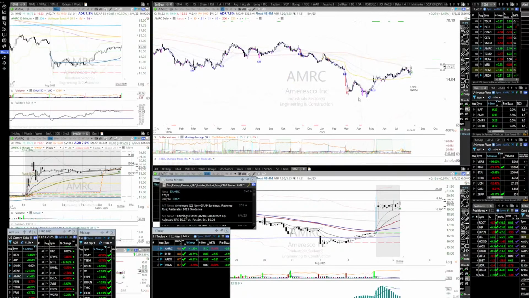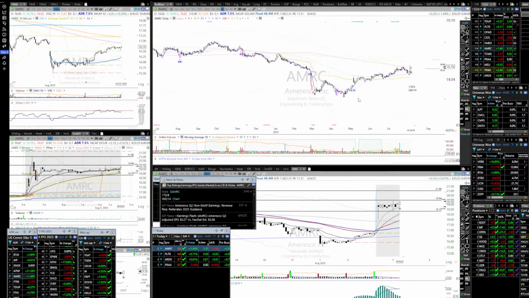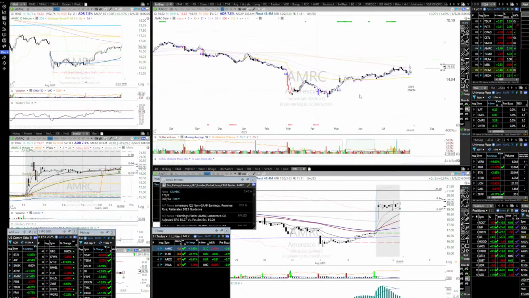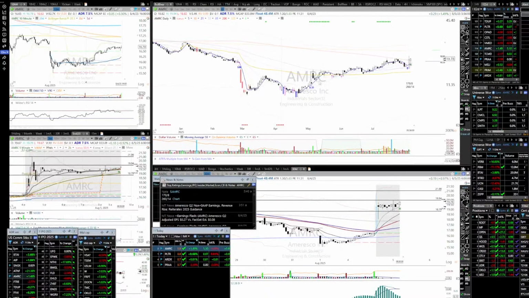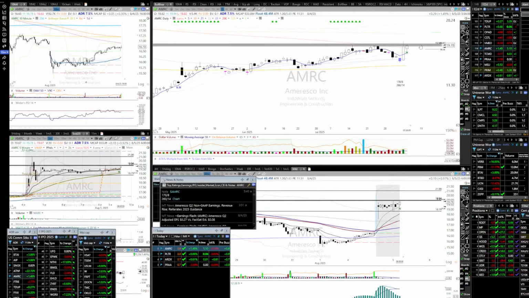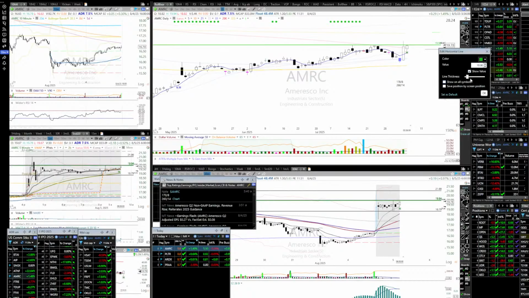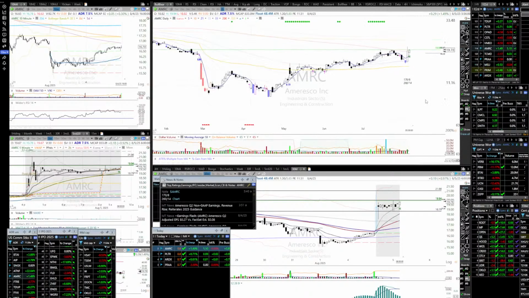Or old, but it's not an IPO. I like the structure here. So there's also some nice thing over here. Right, that's beautiful. So I like this one.